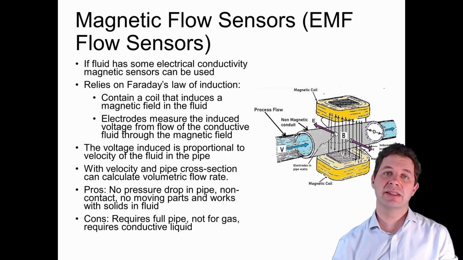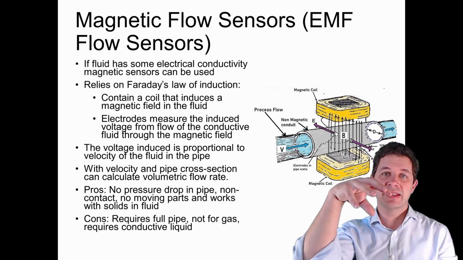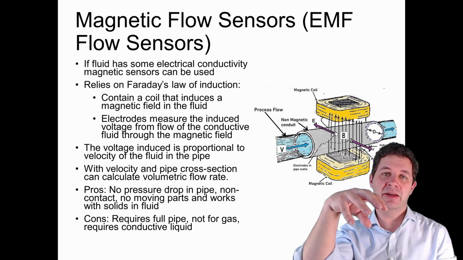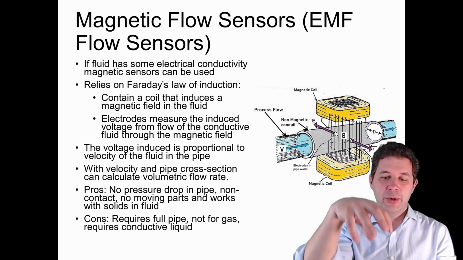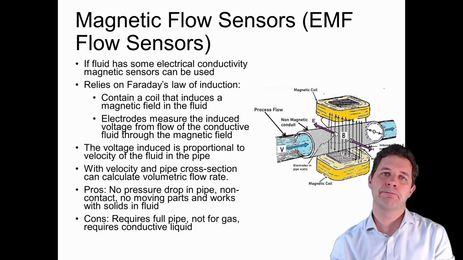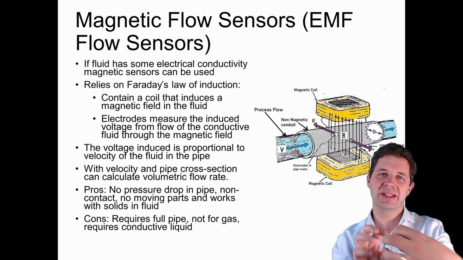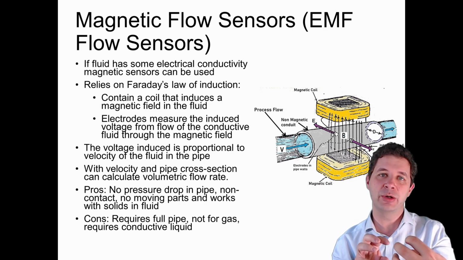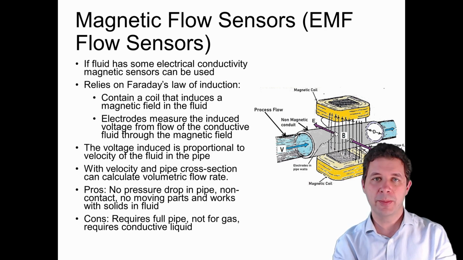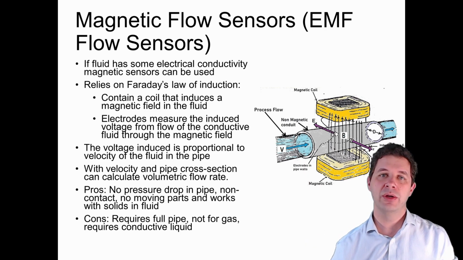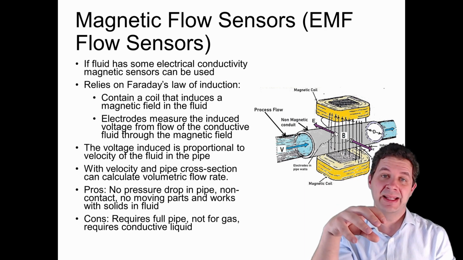Now, using Faraday's induction laws, if we have some magnetic transducers, some coils that are producing a magnetic field, and we pass the liquid through the middle of that, then at right angles to that, we'll actually generate a small electric field. We can use sensors to measure that electric field, and that electric field will be proportional to the velocity of flow of our liquid past those coils producing the magnetic field.